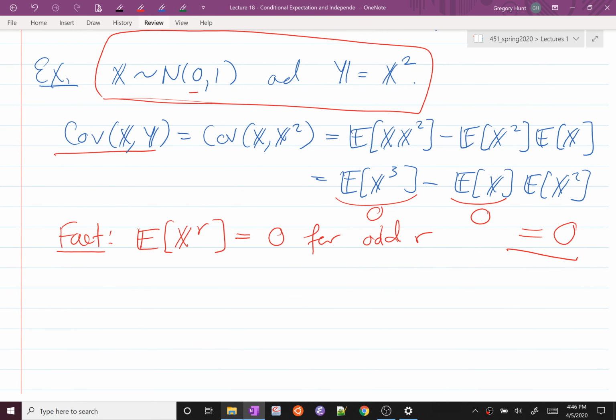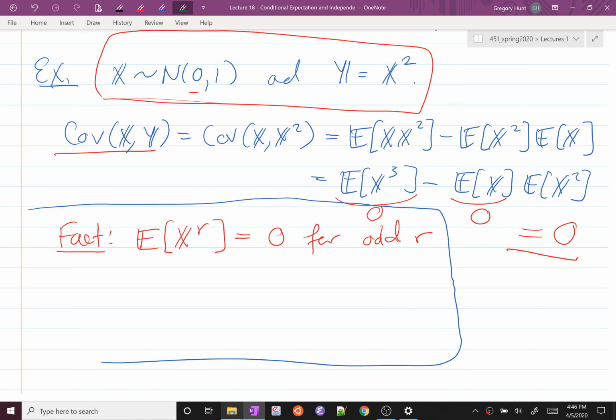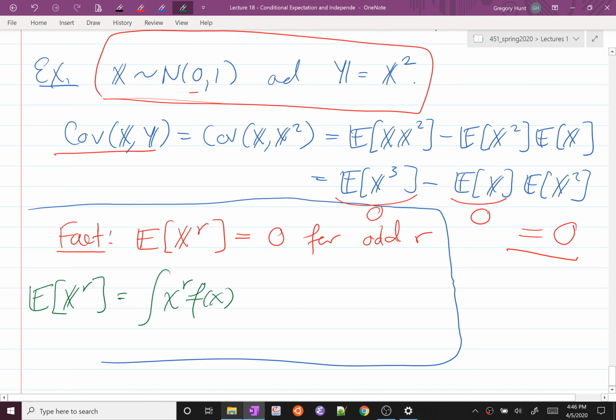As a quick proof of this fact, if I look at the expected value of X to the r, this is the integral of x to the r f of x dx, right? And r is odd. The PDF of a normal 0, 1, or any normal centered at 0, is an even function, symmetric around 0.